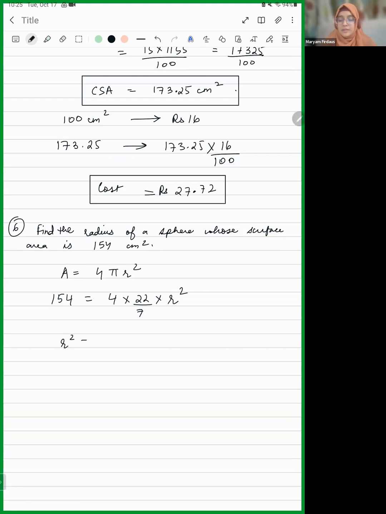Then quickly find out the radius and tell me. Avni, did you understand this question? Yes, ma'am.